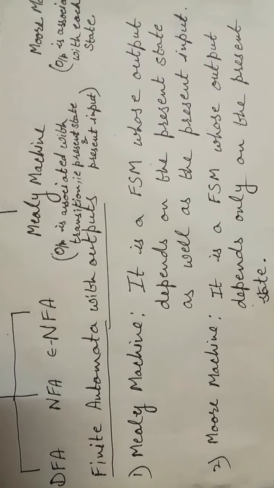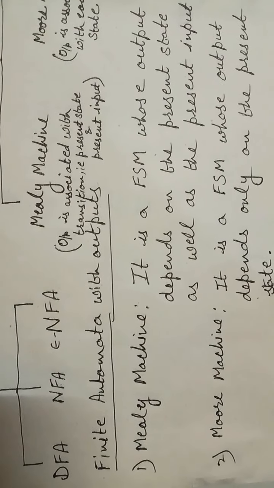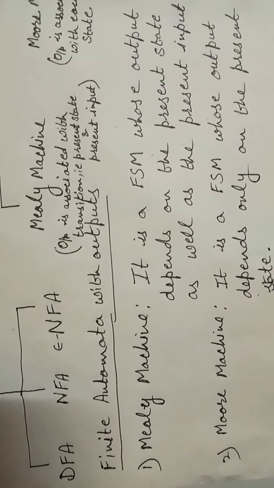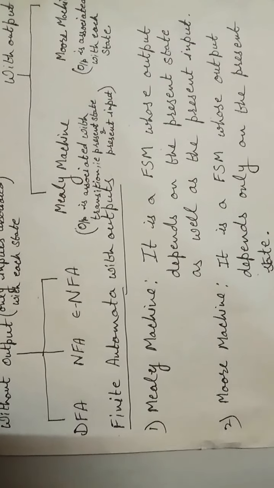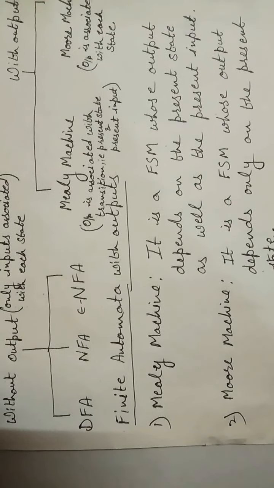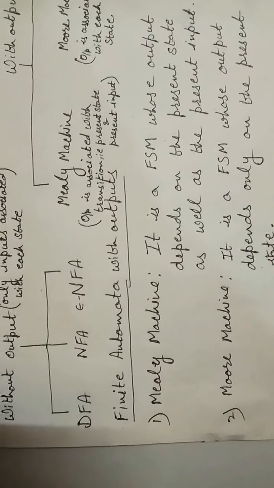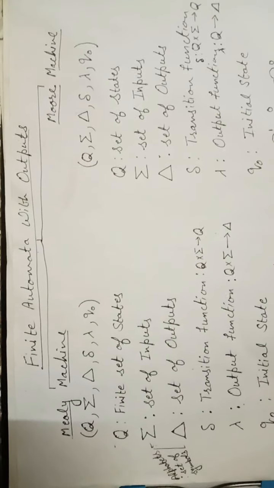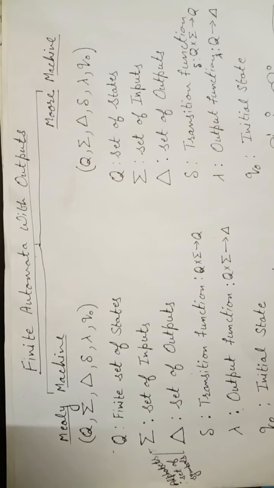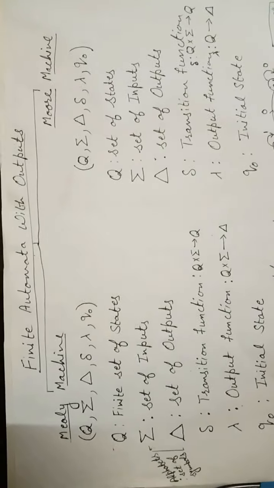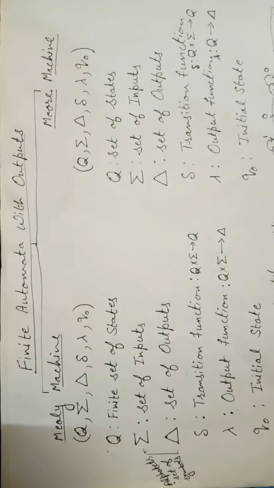It means in Mealy machine, present state and present input both together give the output, but in Moore machine only the present state gives the output. So let us start finite automata with output. Now we study this topic in detail.